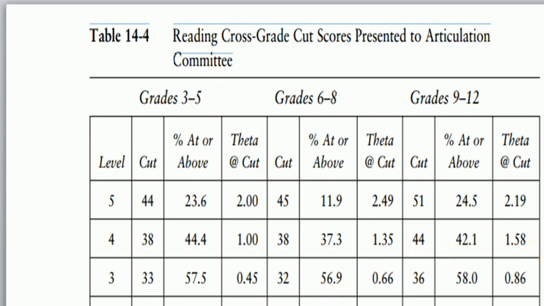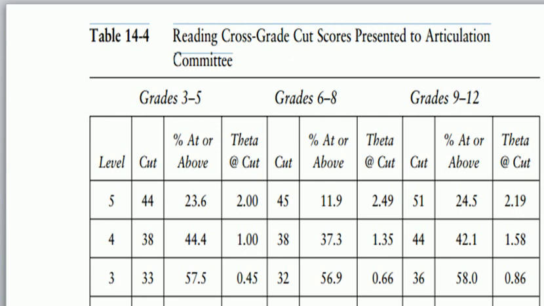Grade 3 to 5, grade 6 to 8 and grade 9 to 12. Level 5: cut score 44, percentage at or above 23.6, theta cut score 2.00.